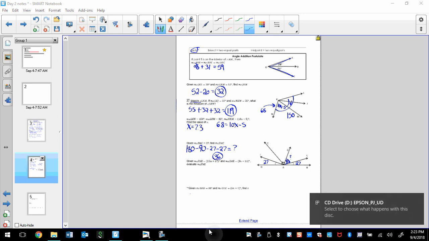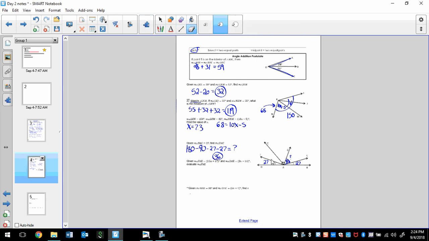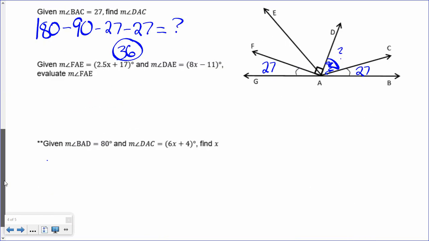Oh, technology, why do you hate me? I'm just trying to erase this so that I can show you the next one, but it doesn't want to do that for me, which is weird.